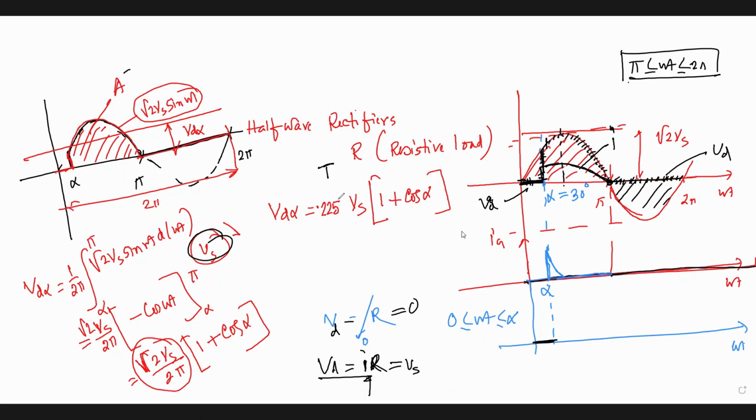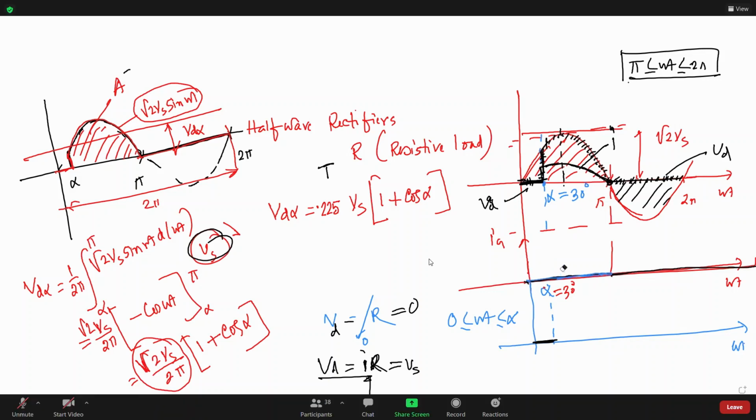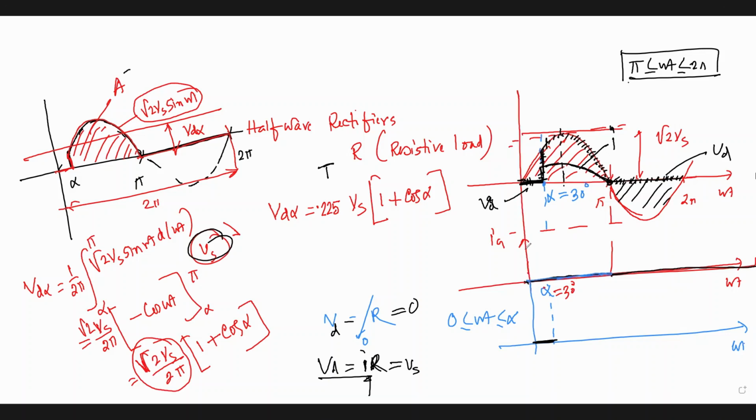Now, to check whether our equation is okay, if we apply the gate pulse here at alpha equal to 0, we can put alpha equal to 0 in the equation.